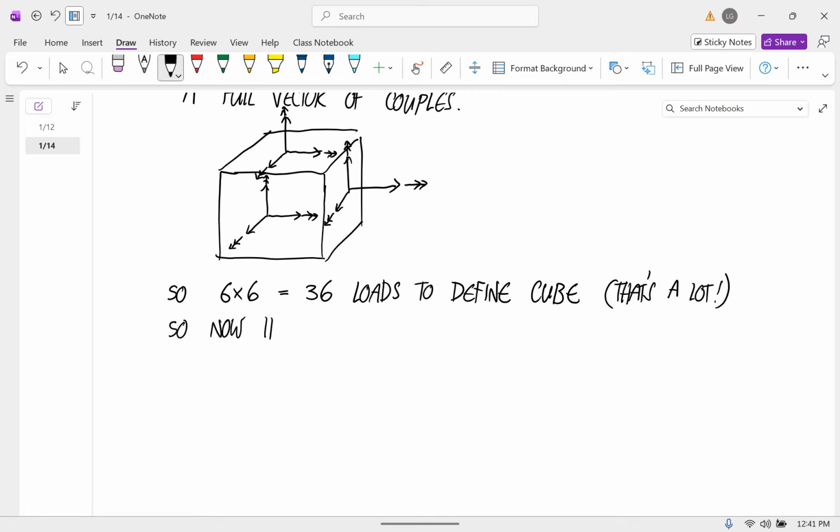So now, how does this reduce down to 6? Well, first of all, think of a limiting procedure: start with a small cube and then limit down to a cube of size 0. All those forces are going to go to 0. And so forces, it turns out, isn't a really good way to measure the loading of an infinitesimal point.